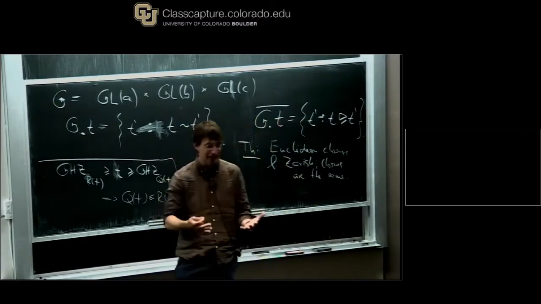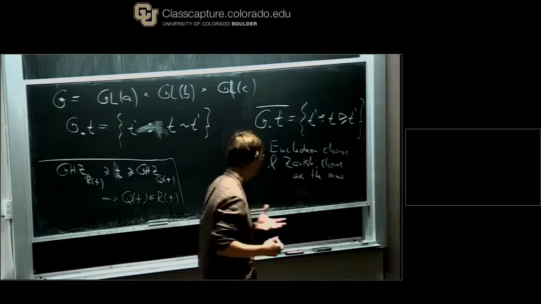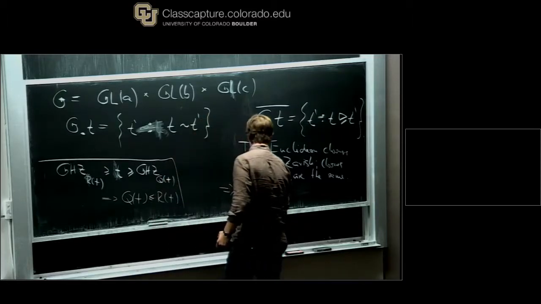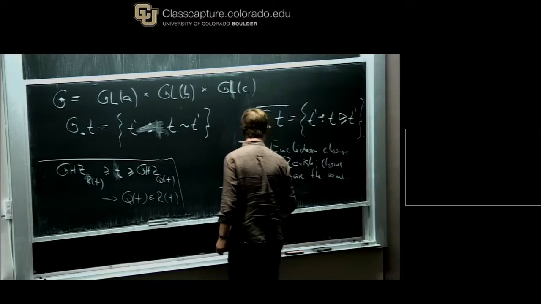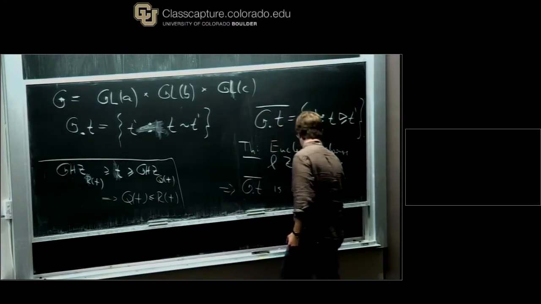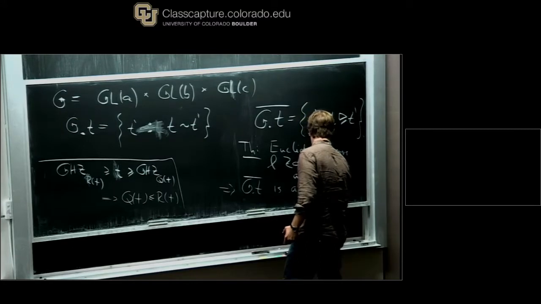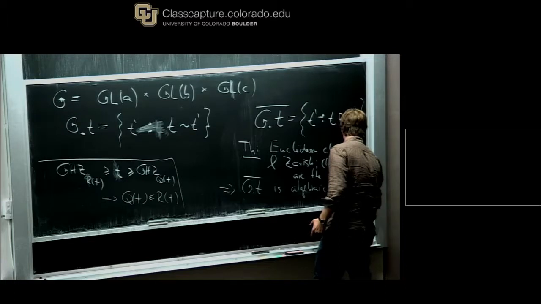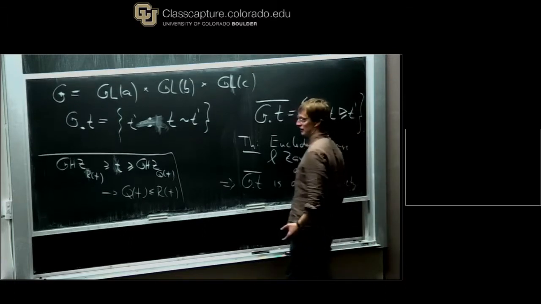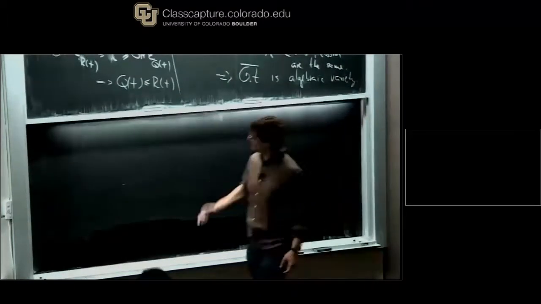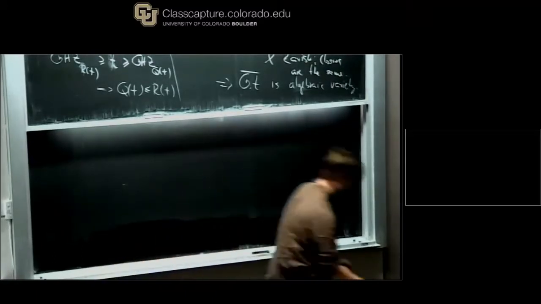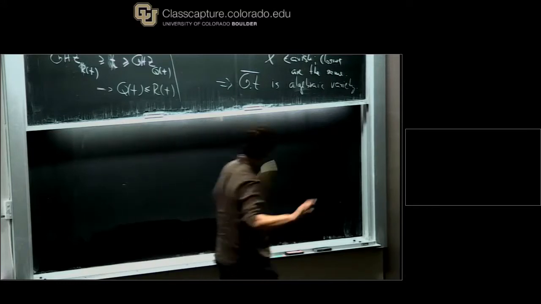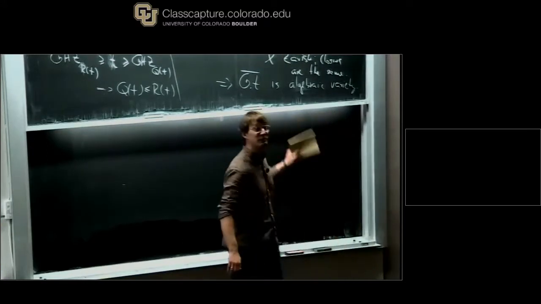What it tells us now is that this implies the closure of G dot T is an algebraic variety. I'm not an algebraic geometer, and I don't think many of you are, so we might just ask someone what that means.